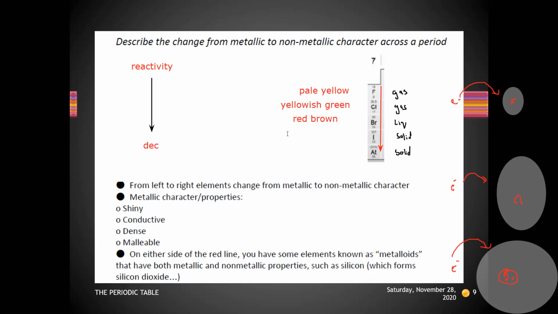Iodine is purple or black. It is purple. Astatine is also black in color. So you have to learn these colors as well.